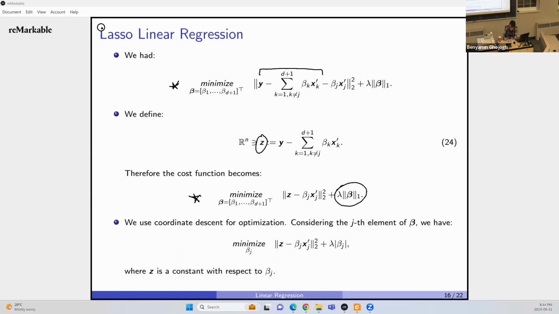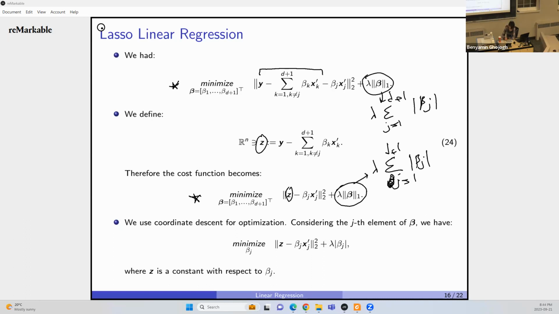Also, I can write it element-wise. What is this? It's lambda summation of j equals 1 until d plus 1, absolute value of beta j. Now, I want to only consider beta j because of coordinate descent.